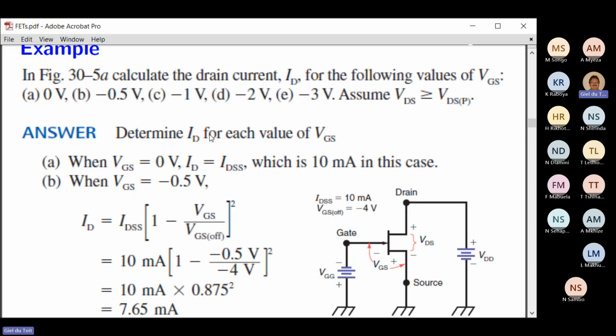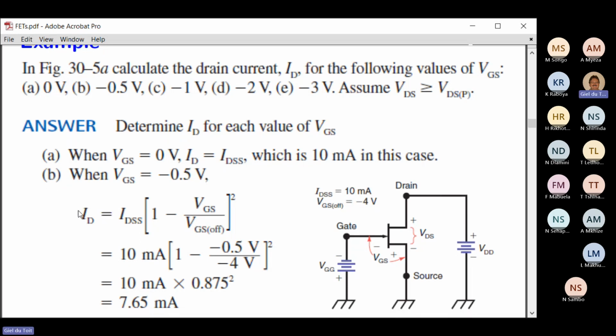So we need to calculate ID, the drain current, for each value of gate source. So this gate source voltage can be either 0 volt, or the gate voltage can be -0.5 volt. So there's a case A and a case B, and we must calculate the drain current now for these two. So the first one, the drain current is 10 milliampere times 1 minus -0.5 volt divided by -4 volt.